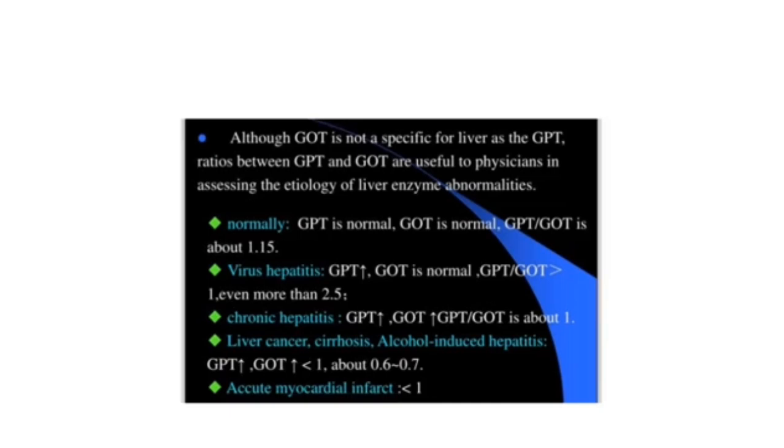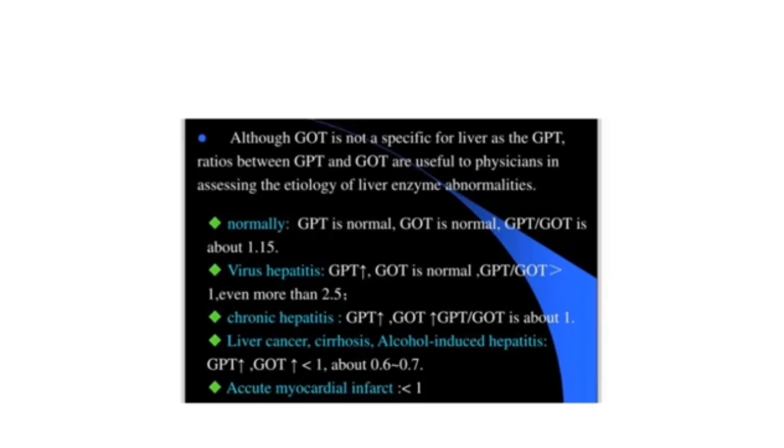Okay, if ALT or GPT, as the case may be, is equal to AST, then you know it's a case of chronic hepatitis. However, if AST, that is GOT, is greater than GPT, or ALT, as the case may be, then you will know we have a clear case of alcohol-induced hepatitis.